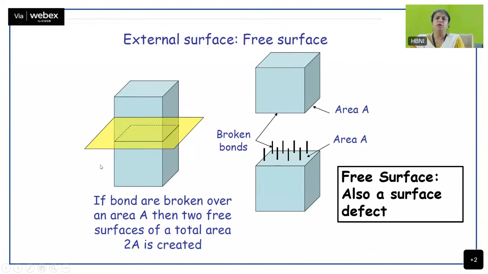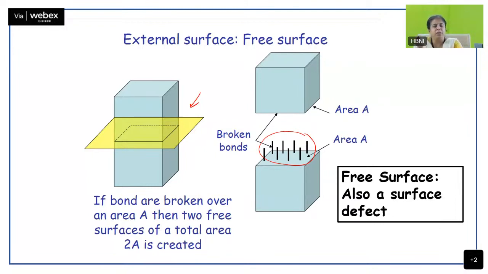Let us talk about some of the common two-dimensional defects. First and foremost, the free surface of the crystal, or the free surface of the crystallite if you're talking about the powder sample. That itself is a defect. How is that a defect? Because when I break my crystal, let's say it is divided into two parts here, there are broken bonds on the surface.